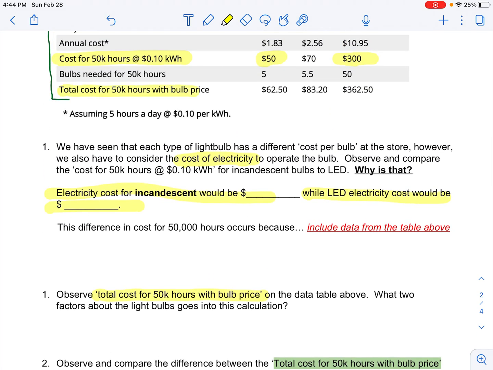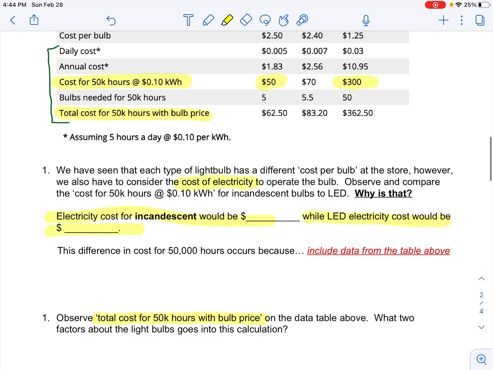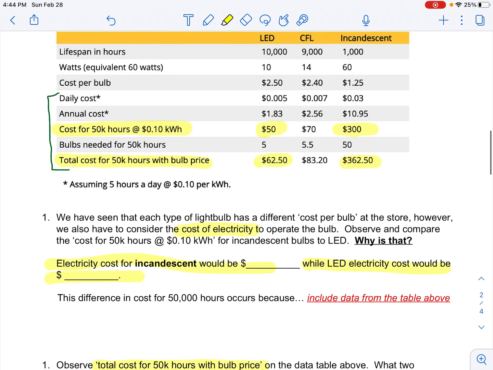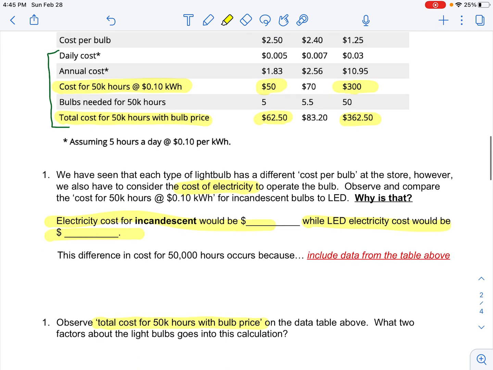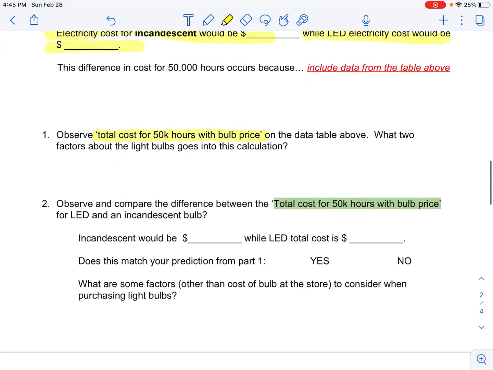So that's right here in the table. What we're looking at is not only the cost of electricity, but the cost of electricity plus the bulb price, because we know that we need to get more light bulbs depending on how long they last. Okay, so that price is included in that.